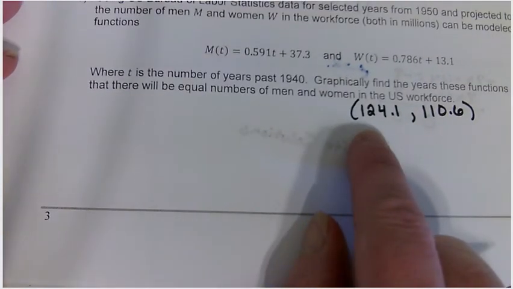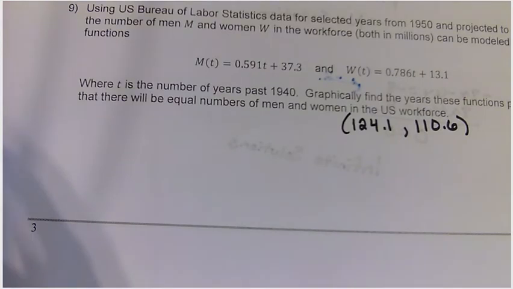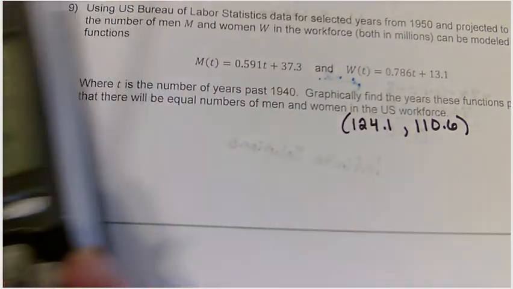This is the number of years past 1940. Ooh, so if I took 1940 plus 124, so this would be at the end of the year 2064. Wow.